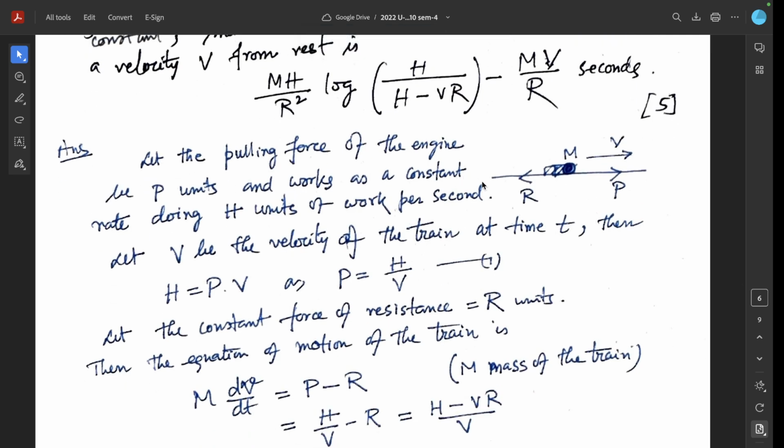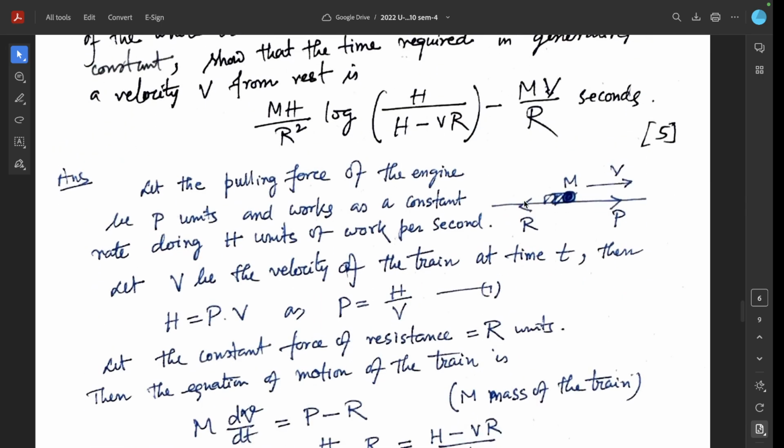Here is the train with engine, of mass m and velocity V. The engine's pulling force is P in this direction, and R is the corresponding resistance force, opposite to the velocity direction. So the pulling force is P units, the work rate being H units of work per second, and V is the velocity of the train at time t.